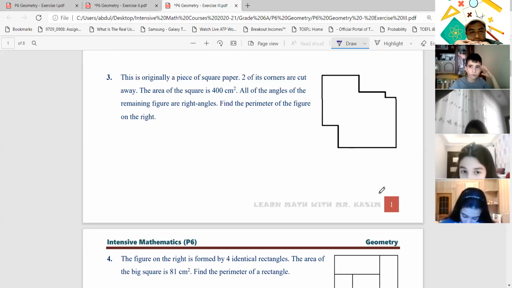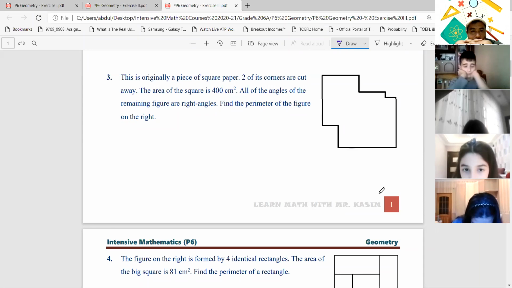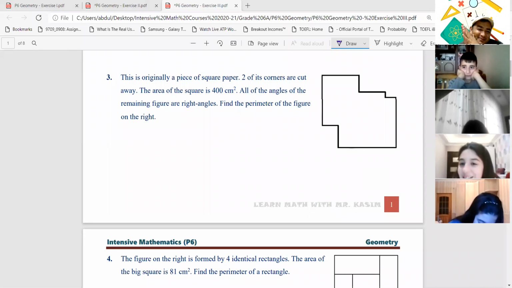I didn't solve it, but I have one question about it. All of the angles of the remaining figure are right angles, and the area of the square is 400 centimeters square. But what do they mean by the square? Where is the square?